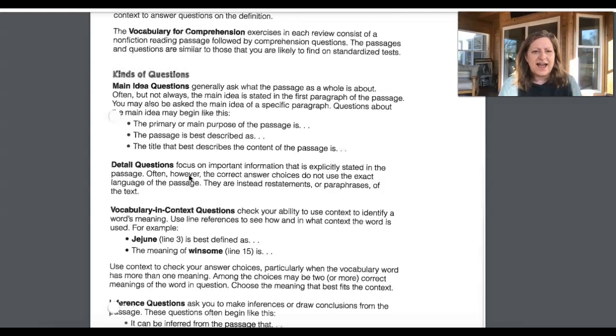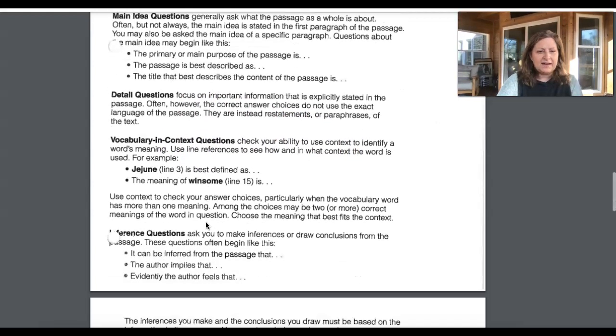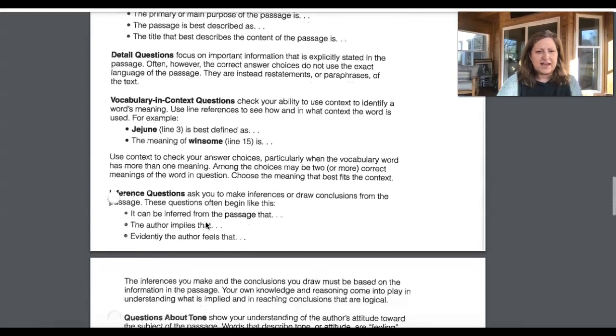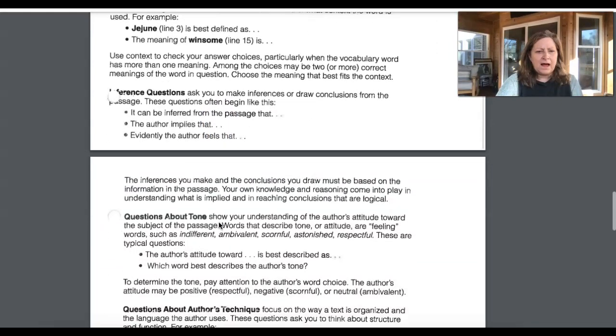Detail questions ask specifics. Vocabulary in context questions are there to check your ability to use the context around the word and identify the word's meaning. And then inference questions. It can be inferred from the passage that what. So these are just good things to read.